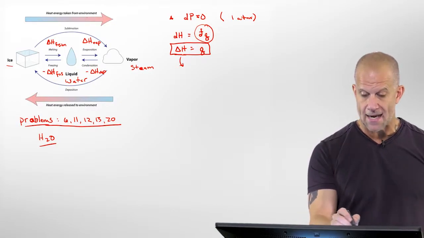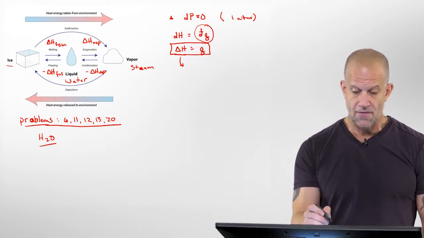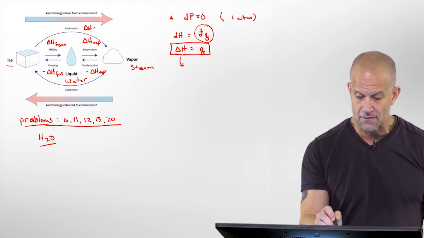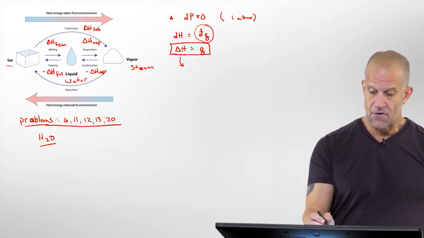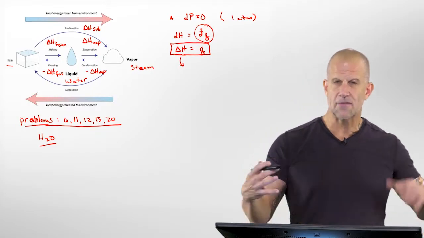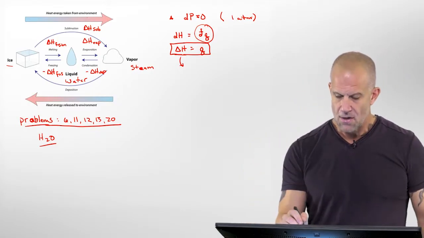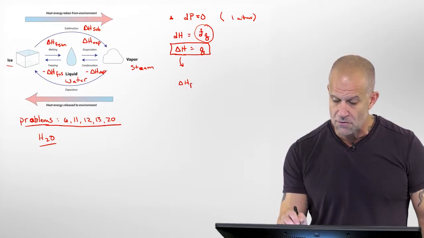And then, of course, if you add these two together, you go directly from ice to vapor. That would be the delta H of sublimation. If you go directly from the vapor to the solid, that's deposition. So that gives you some general sense. Often what you see in tables are the delta H of fusion.